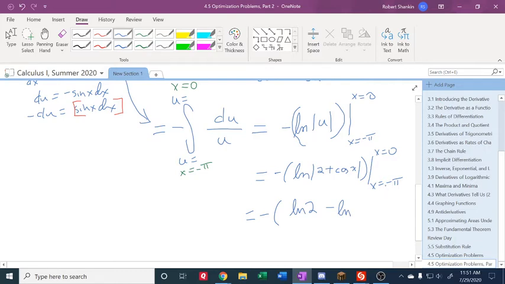Now when I substitute negative pi in there, a quick unit circle, negative pi ends me up over here. And the cosine of that is negative 1. Negative 1 plus 2 is 1.